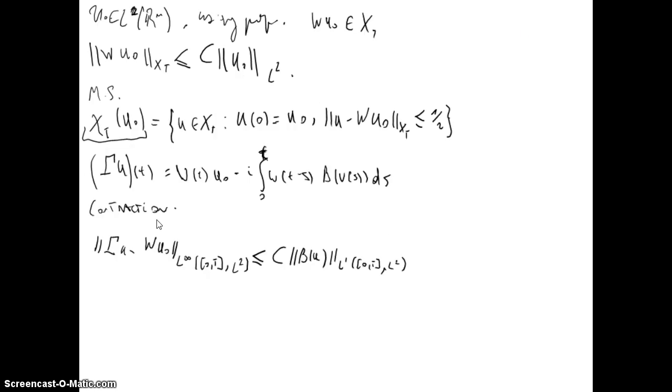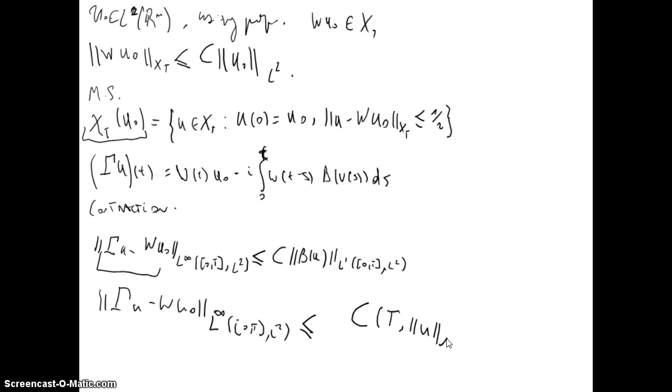So using the lemma we just proved, we've got that this, again in L infinity(0,t; L2), is less than or equal to, now we use the lemma, a constant C that depends on t and u in X_t, t^(1 - alpha/q) times the norm of u in X_t.